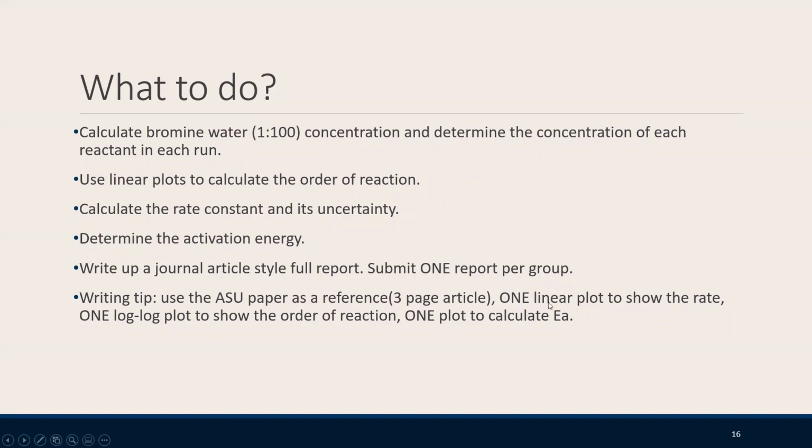So you probably need one linear plot to show the reaction rate, one log plot to show how you get the order of a reaction, and one plot to calculate the activation energy. So you will need 3 plots, and that will be all for your full report.